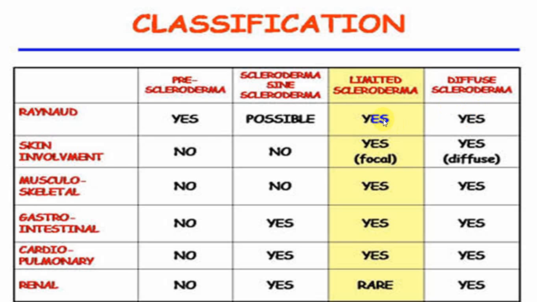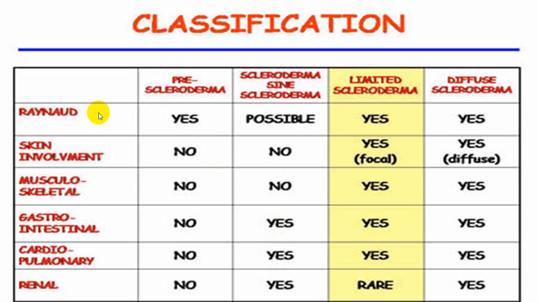So in a diffuse variety, we come across Raynaud's phenomena, skin involvement, musculoskeletal involvement, GI tract, CVS, respiratory, kidney, etc. In scleroderma sine scleroderma, you will get more of GI tract, cardiopulmonary and renal involvement without skin and musculoskeletal involvement.